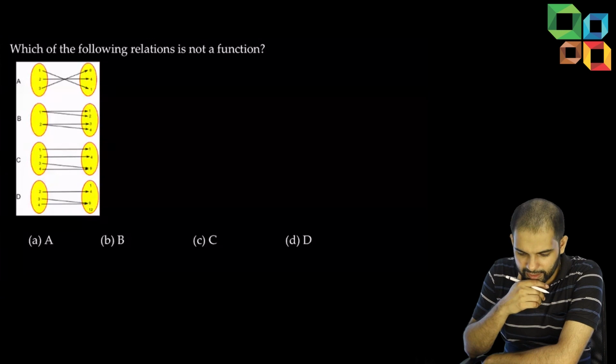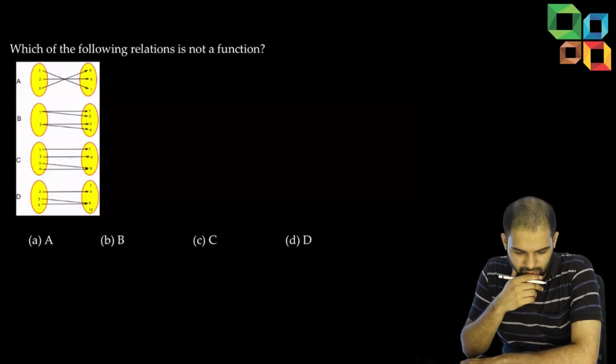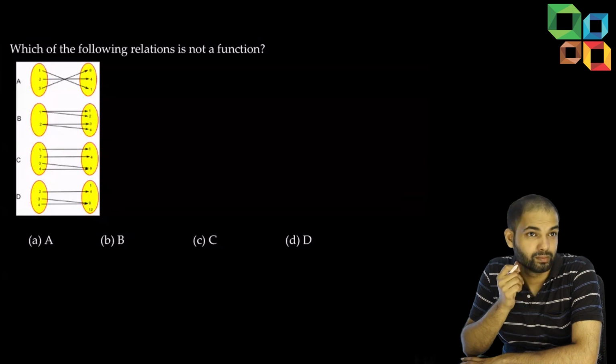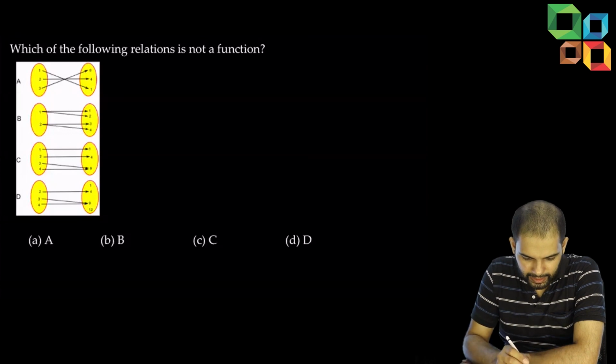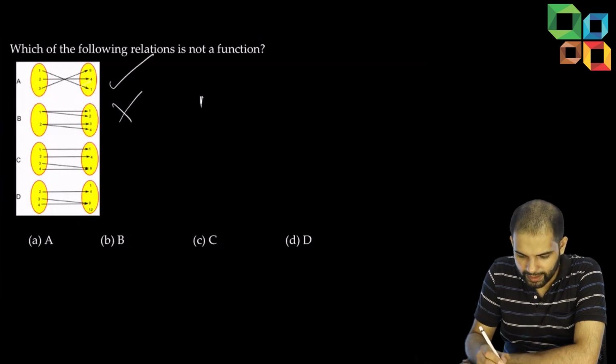Which of the following relations is not a function? A, B, C, D. This is not a function. B. Okay. Now I think here in A we don't have any problem, right? All is mapped. Here in B, I think we certainly have a problem. One value, 1, is mapped to 2 numbers. It's certainly not possible.